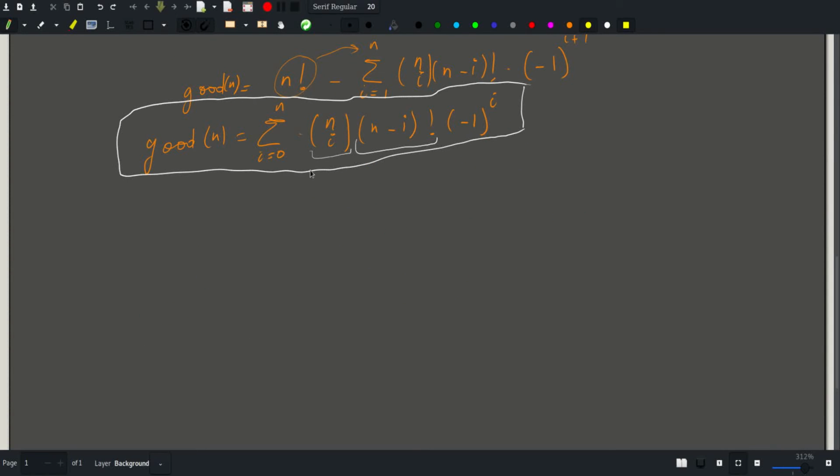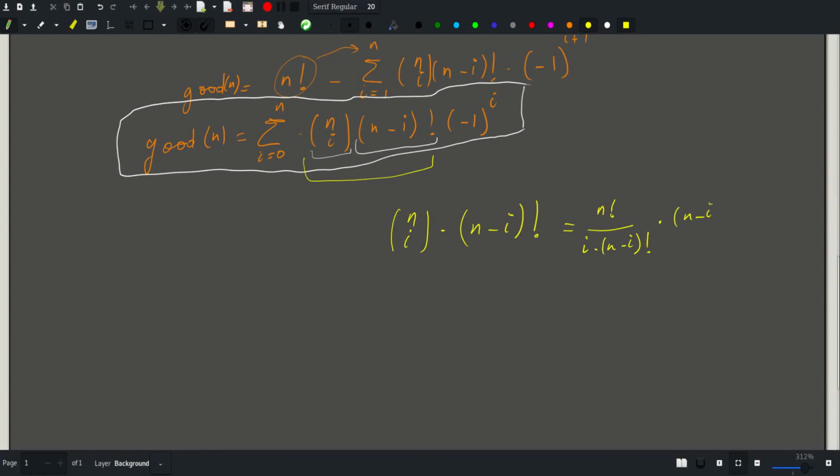So if we want to simplify our problem further, we will have to look at this. Let's try to see what n choose i times n minus i factorial simplifies to. So what is n choose i equal to? It is equal to n factorial over i factorial times n minus i factorial.